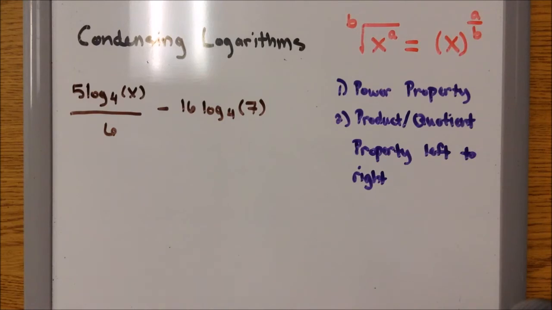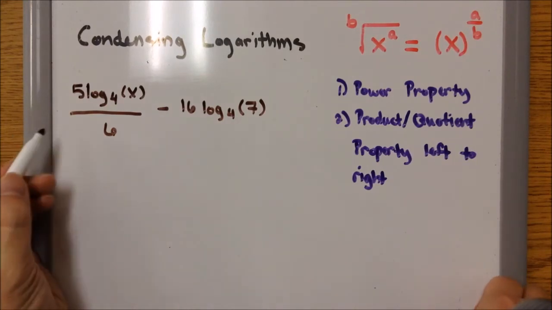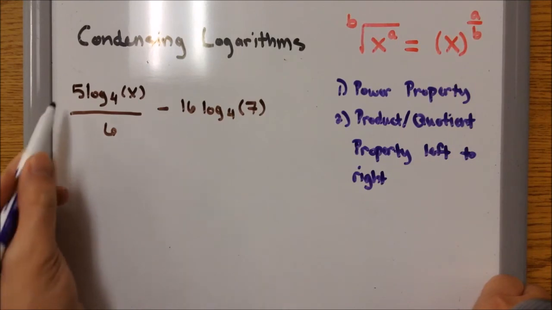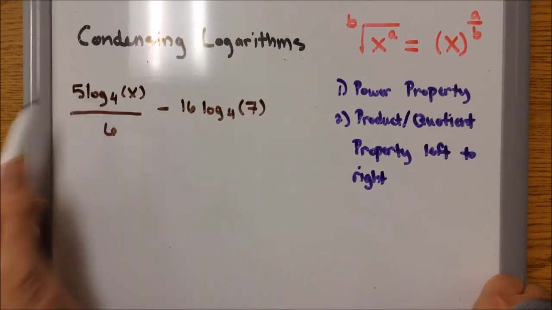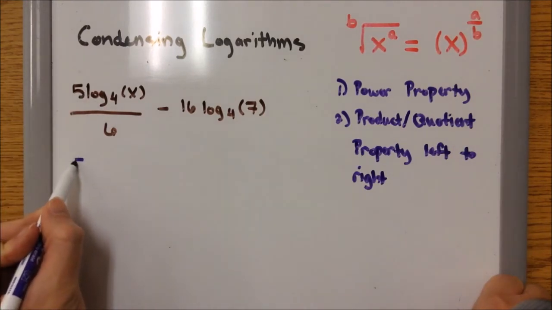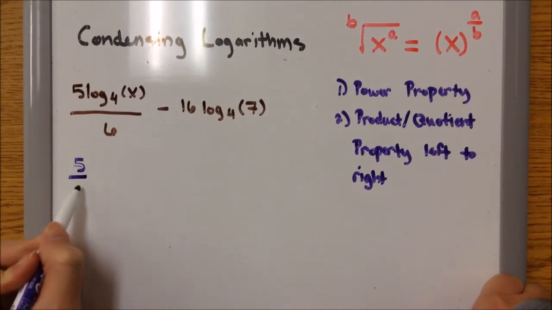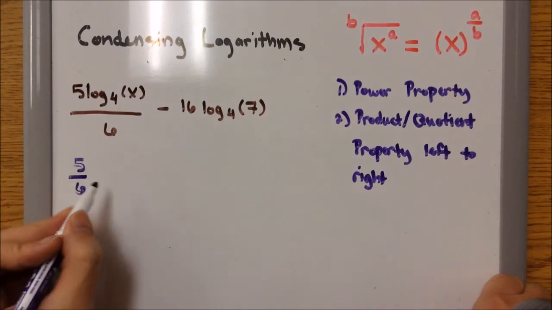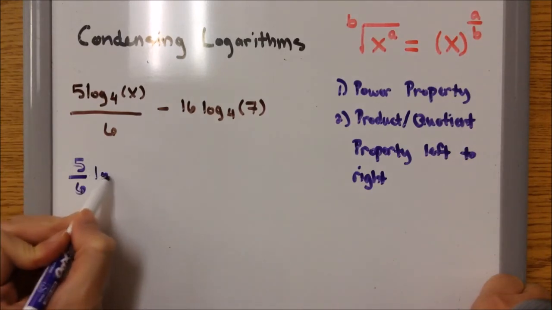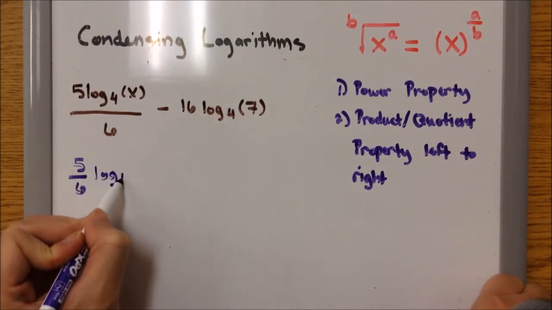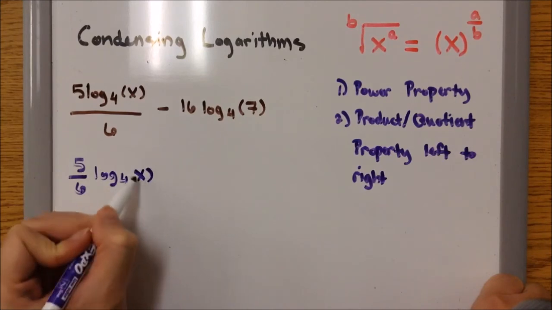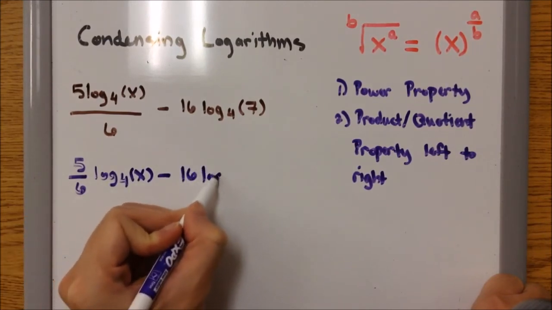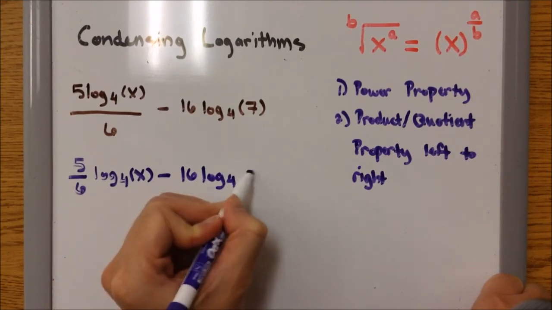So again, I'm just going to factor out the fraction from log, meaning it's going to be in front of log. So our number in front of the log at the top will be 5, so our numerator will be 5, and then over 6. So 5 over 6, and then log base 4 of x minus 16 log base 4 of 7.